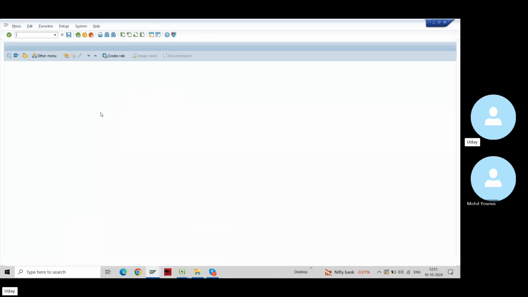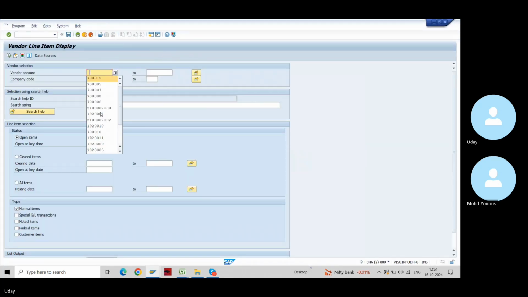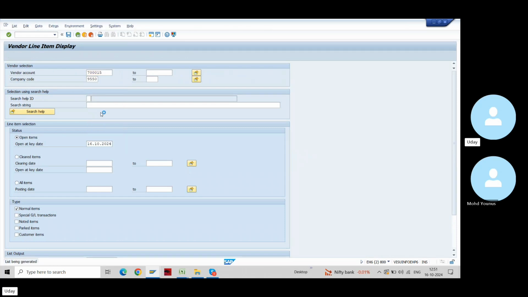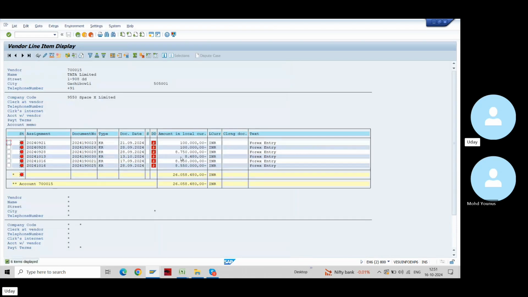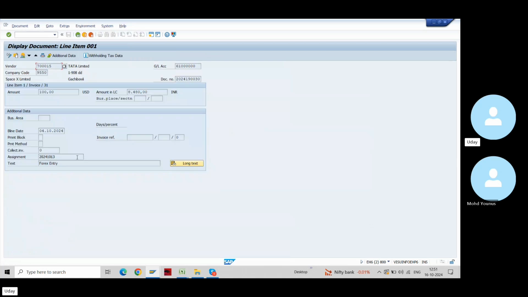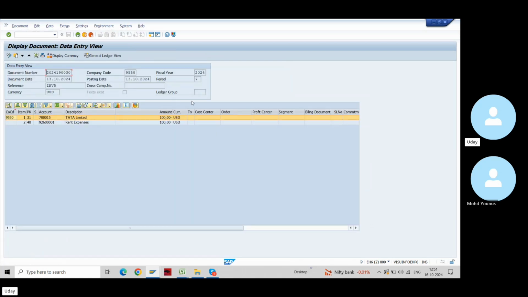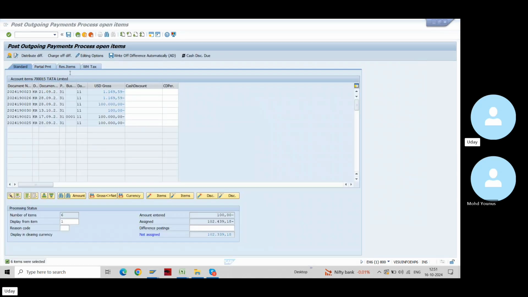Let's go to FBL1N items. So this is the one. This is the document we have just accounted, $100. So 030 document number. In F-53, this is the entry 030 KR. This is $100.